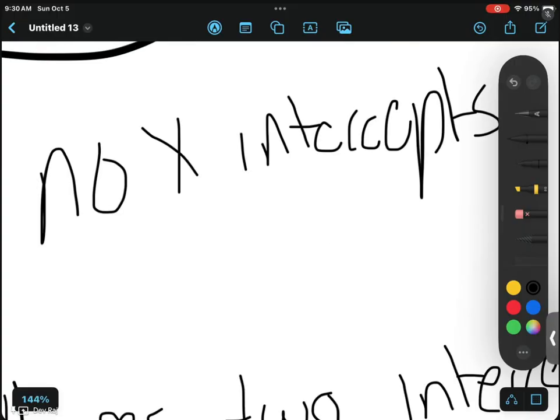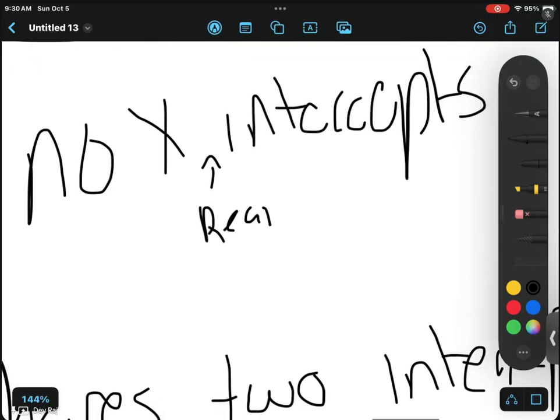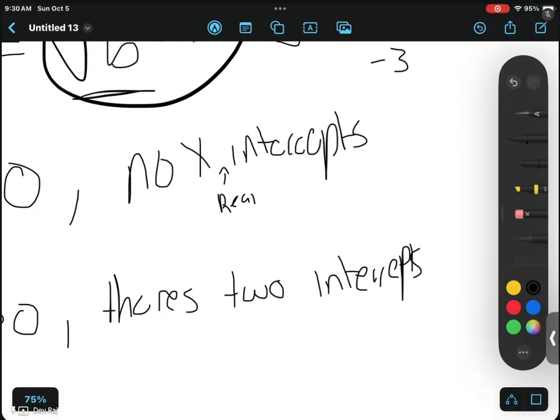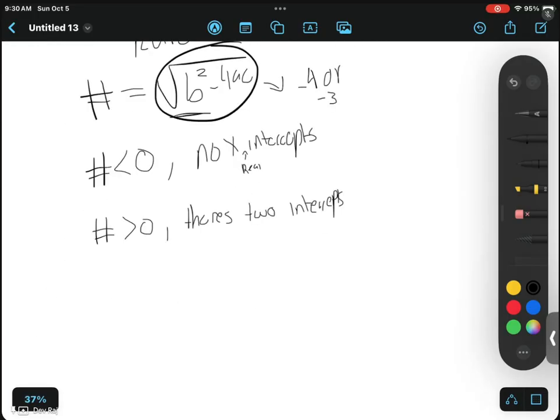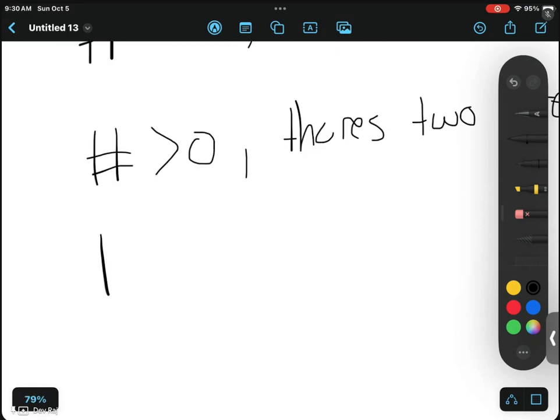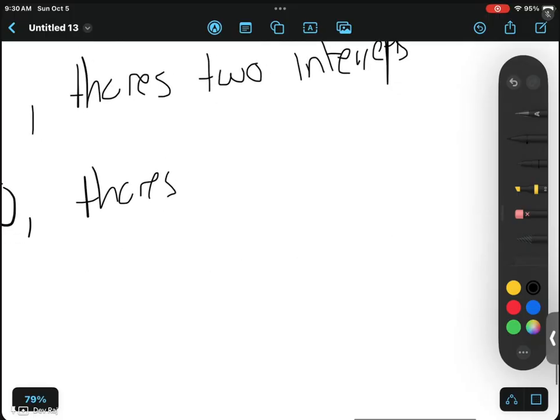Oh, by the way, this would be no real, because they're still imaginary, but you don't have to know that right now. There's no real x-intercepts, right? And then there's one more, which is if the number is equal to 0, there's 1 intercept.